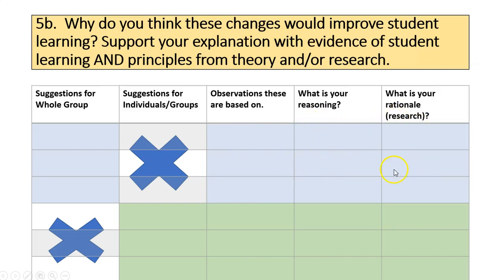And then do you have a rationale, research, theory to back up your reasoning? Then your second paragraph, you would be referring to the changes that you suggested for special groups, observations that you base that on, your reasoning, your theory, and rationale.